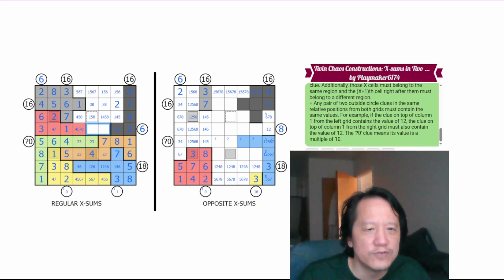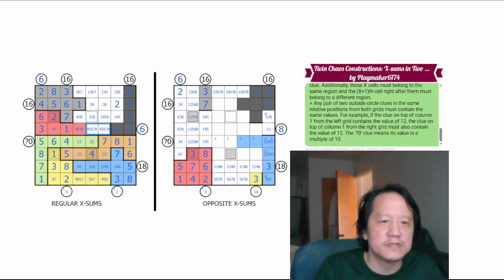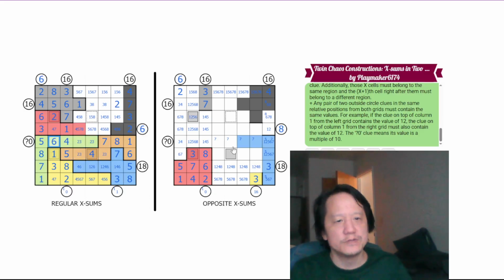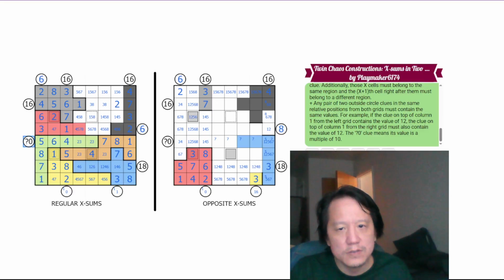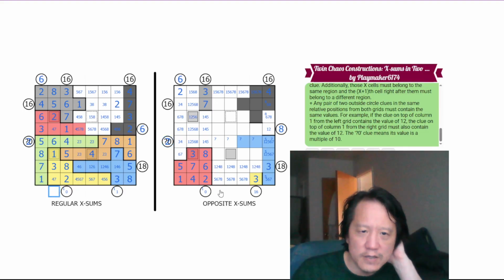Remaining digits of row 4: we have 4, 5, 6, 7, 8. No 4 here, no 7 here. Okay, so this is 20. That's really hard to read, but whatever. This is 10.